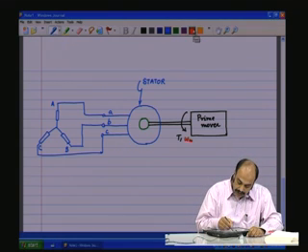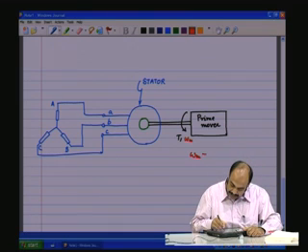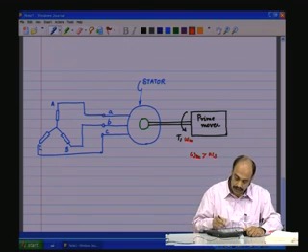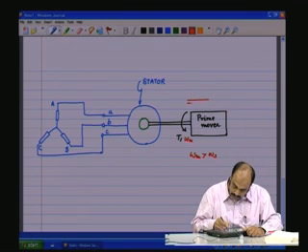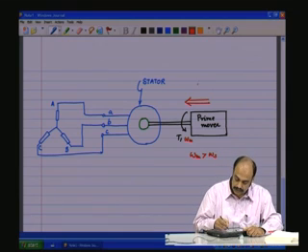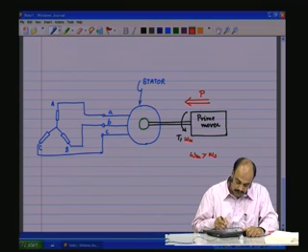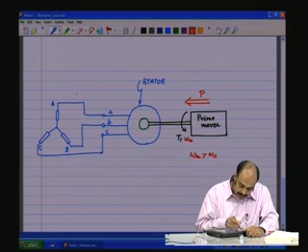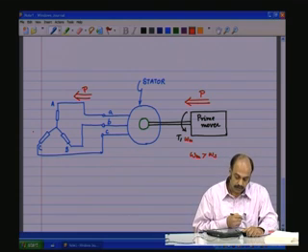So the mechanical side, when it starts rotating beyond the synchronous speed, that is when it makes omega m greater than omega s, then the mechanical power is flowing to the left. The input power is flowing to the left, and that is P. The active power which goes through the machine, and then let us for the moment assume 100% efficiency, the active power is coming to the three-phase load.